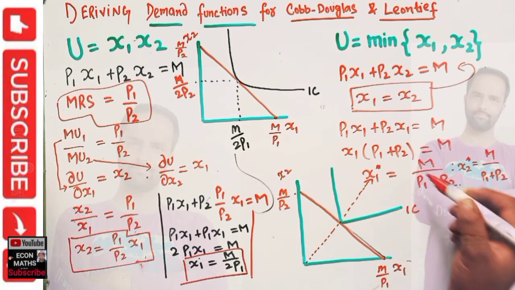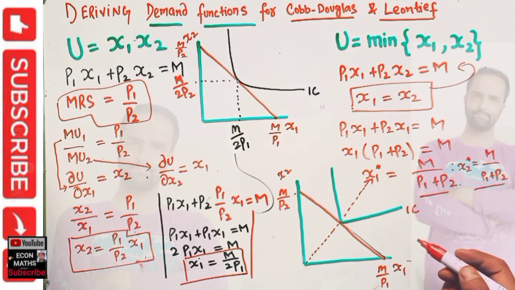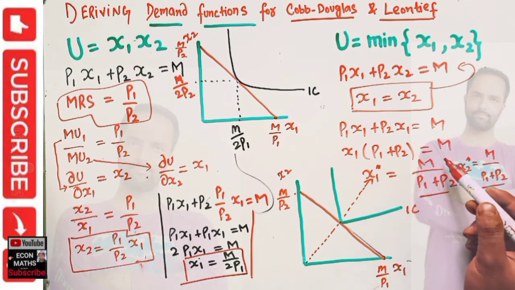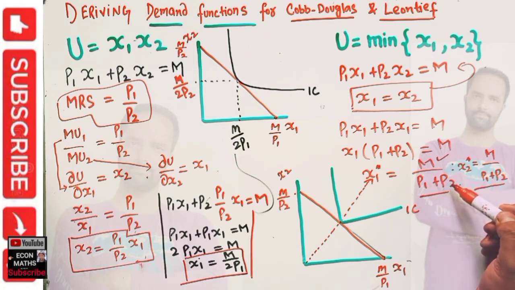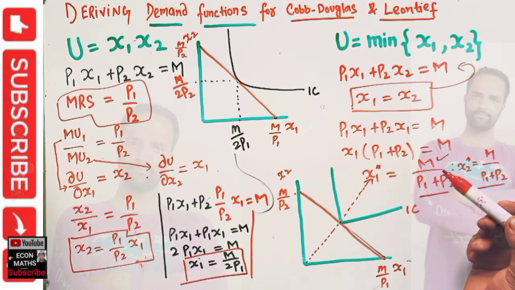The demand function in the case of the perfect complementary utility function was that the demand for a good was a function of income, price of good 1 and price of good 2. So demand for good 1 is a function of three variables: income, price of good 1 and price of good 2.